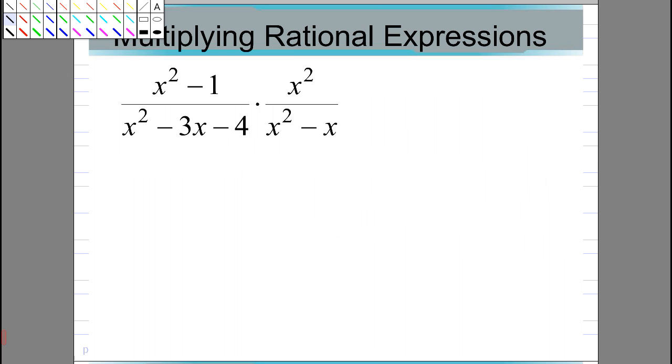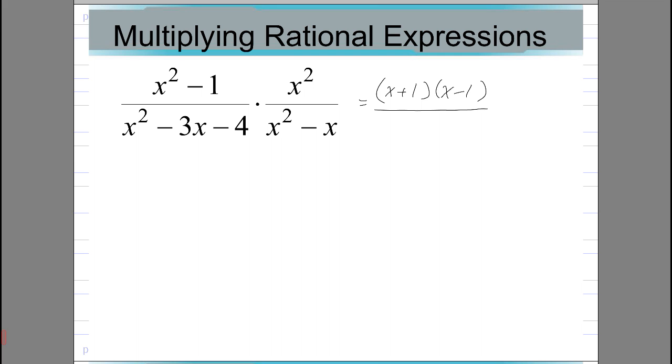Okay. Next expression we have got quite a few things to factor. The numerator in the upper left is a difference of squares. So that is x plus 1, x minus 1. The denominator in that same fraction, well, a equals 1 here.